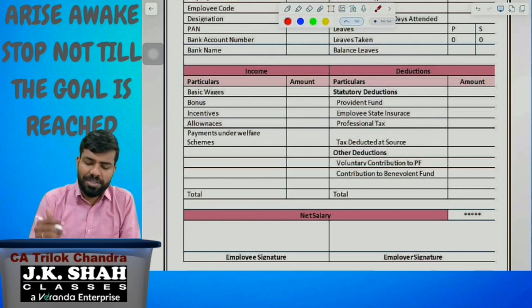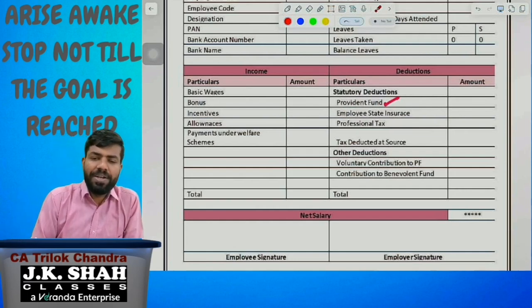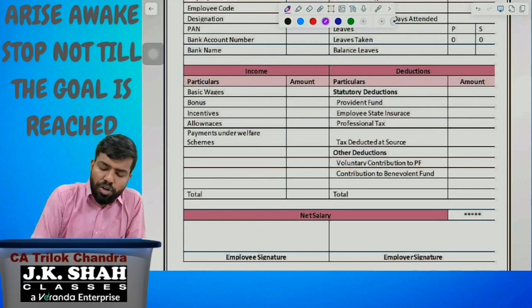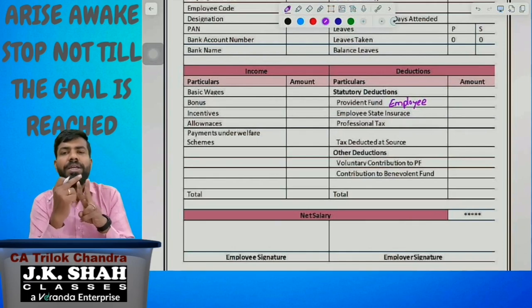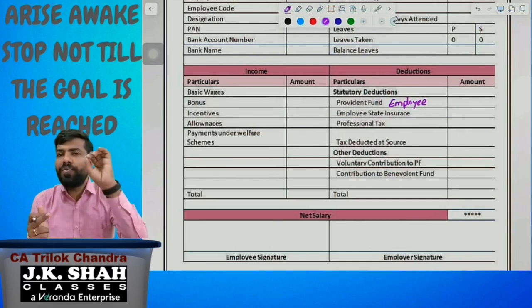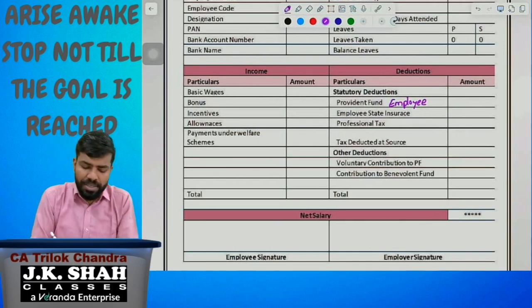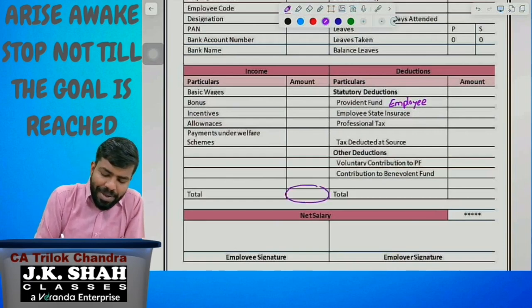What do the deductions mean? Number one, provident fund. Please understand this properly. Contribution to the provident fund by the employee. There are two types of contribution towards the PF: employer contribution and employee contribution. So here what we need to understand is that this is the total earnings made by the employee.